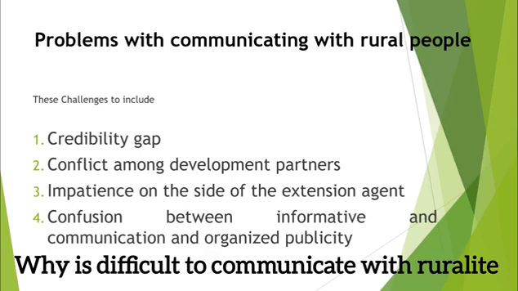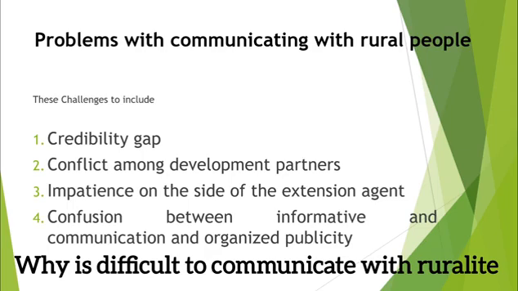But information on steps to take in order to obtain all the various government support is hardly available in the rural areas. So you see farmers being informed on the existence of certain privileges for agricultural production, but the details of the steps to take seem to be missing. So that's also a challenge in communicating with rural people.